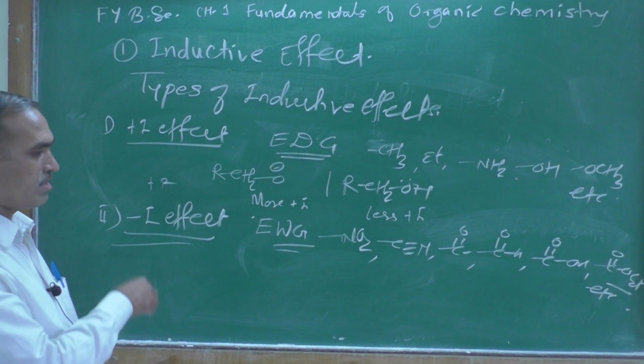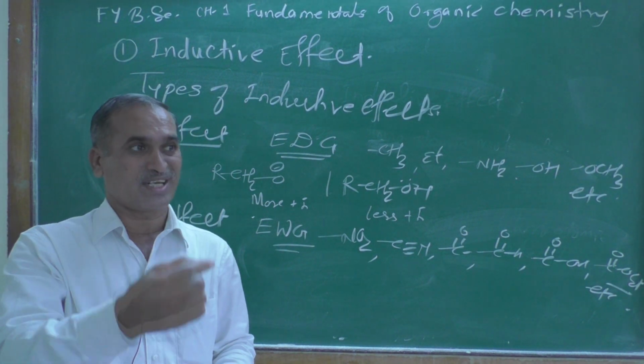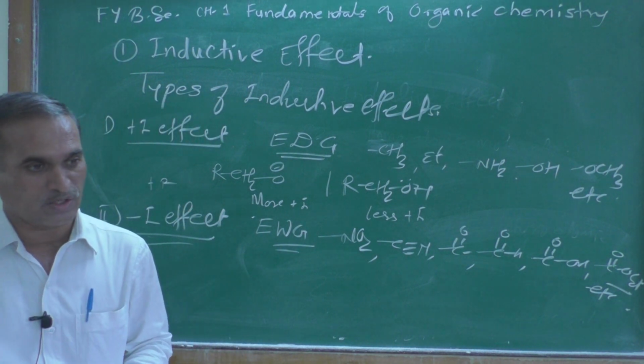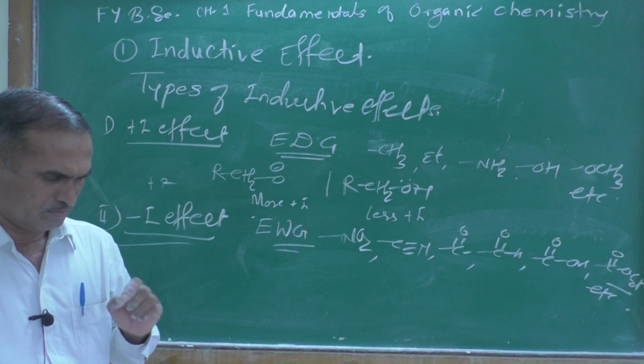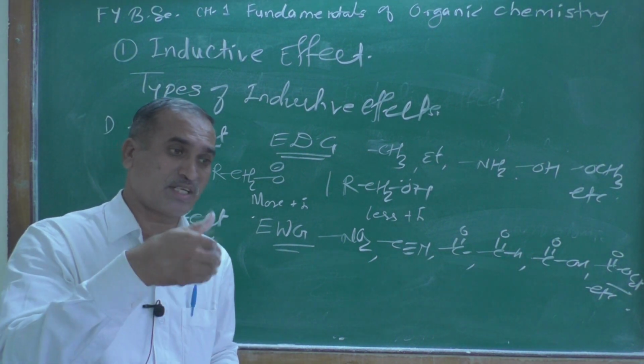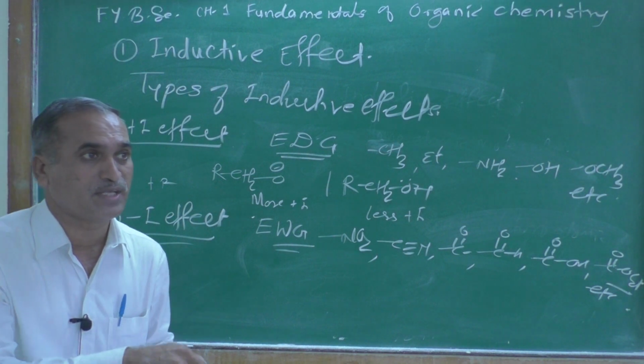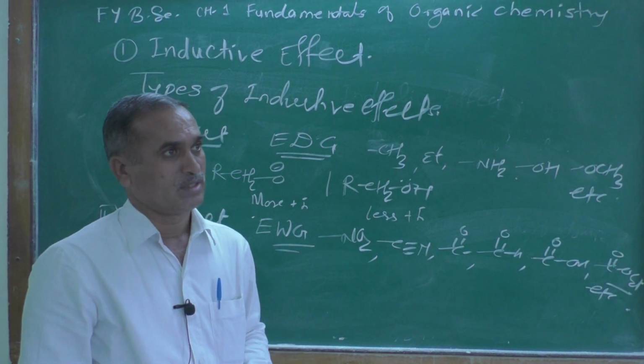Now the fourth point: as the percentage of s character goes on increasing, the minus I effect goes on increasing. As the percentage of s character goes on decreasing, the plus I effect also goes on decreasing.